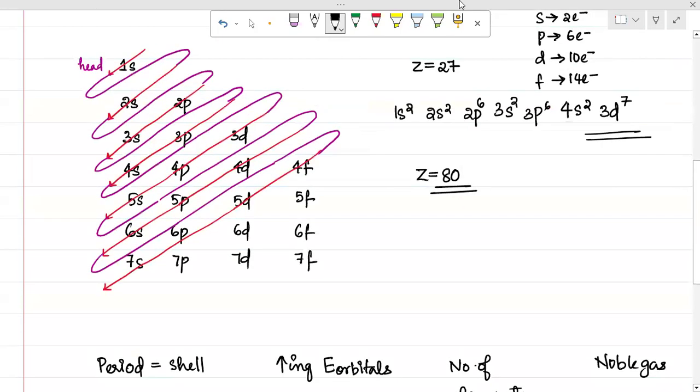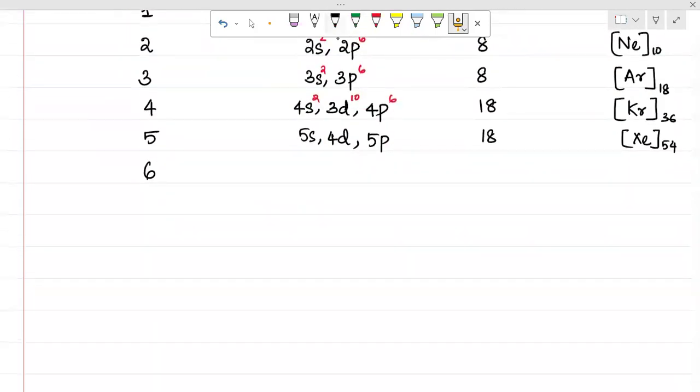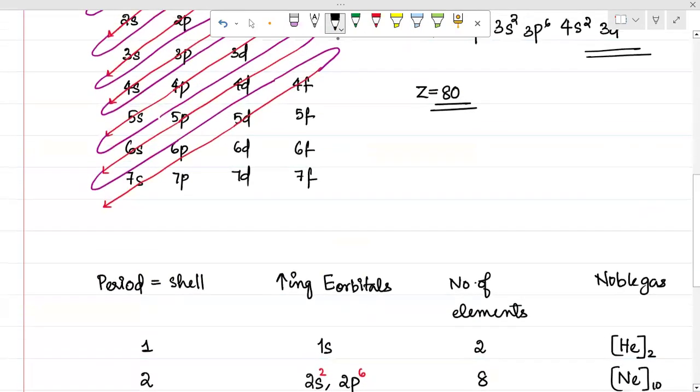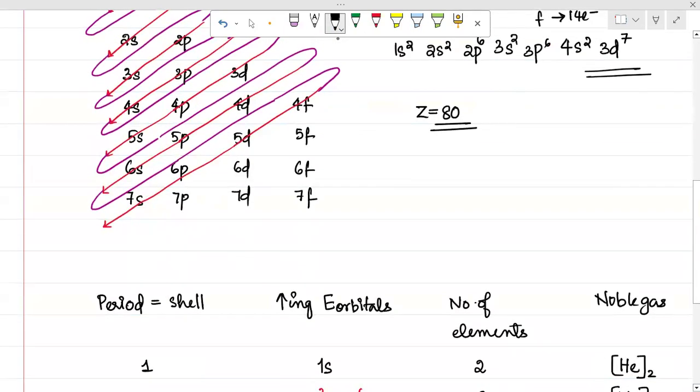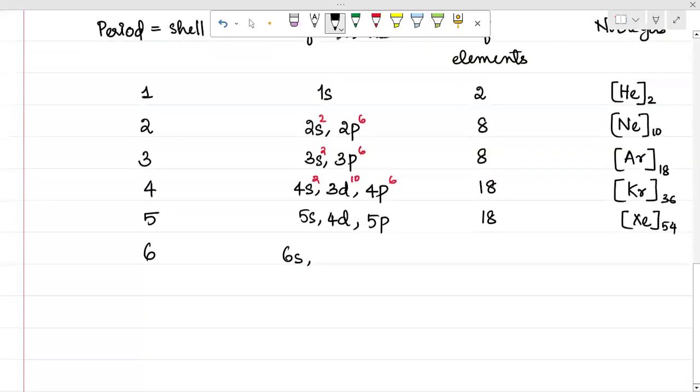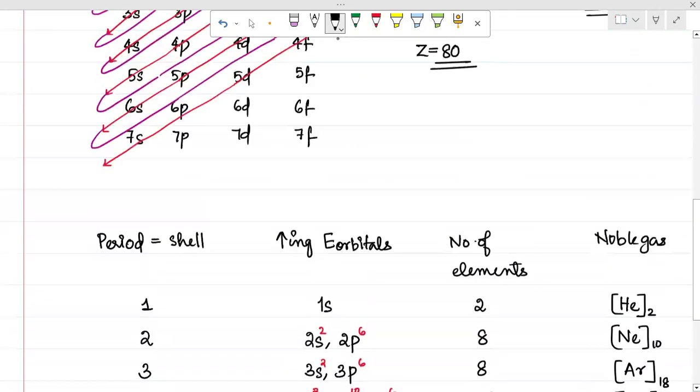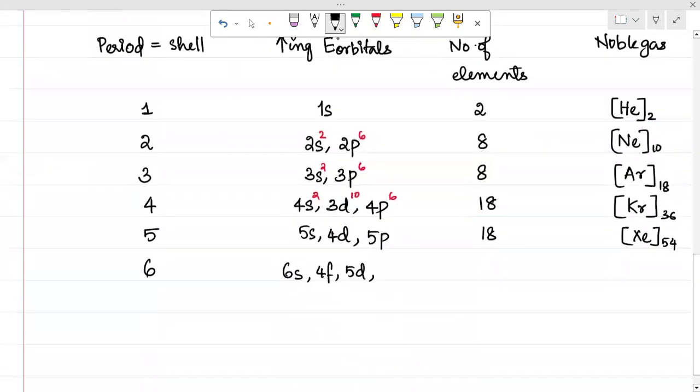Look, 6s, correct? And next comes 4f, 5d, and 6p. So let's write it down. 6s, 4f, 5d, and 6p.